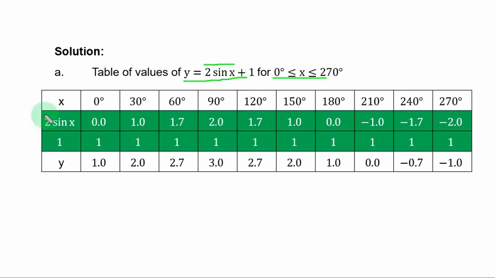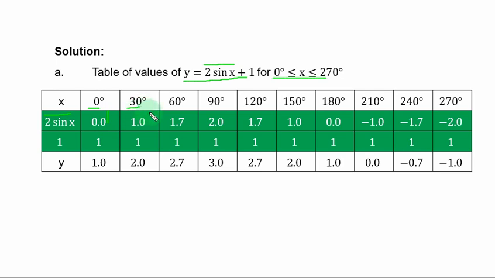So let's start with 2 sine s. When s is 0 degrees, sine 0 degrees is 0. 0 times 2 is 0. When s is 30 degrees, sine 30 degrees is 0.5.